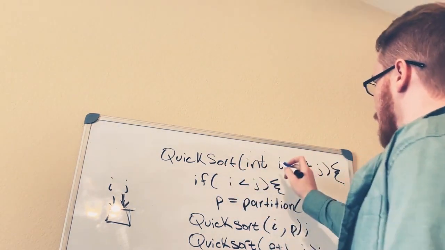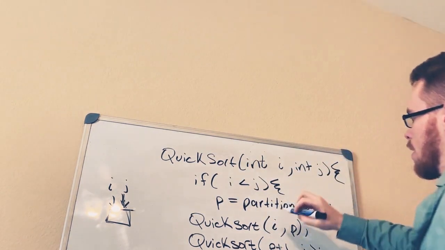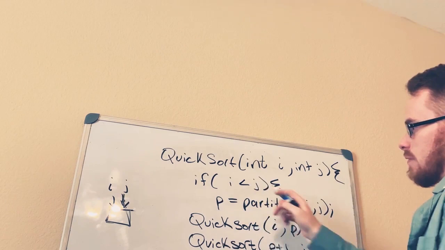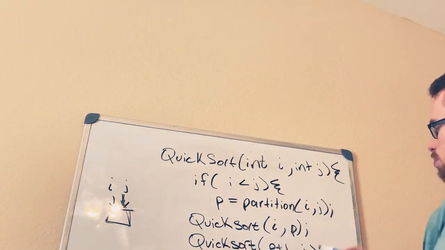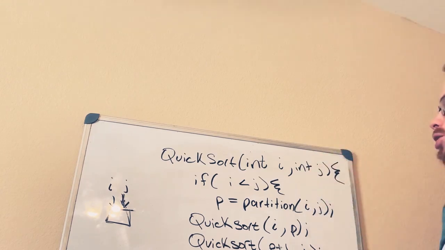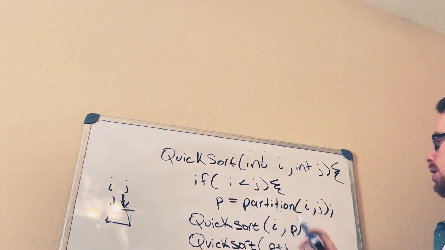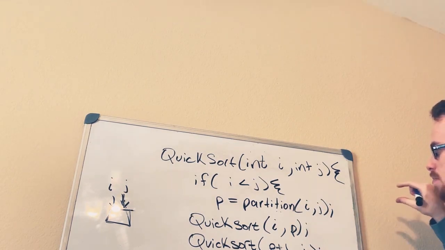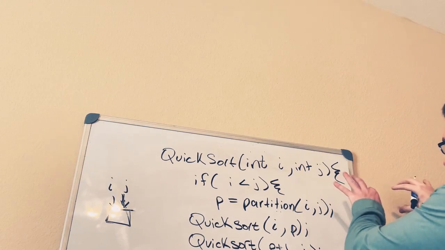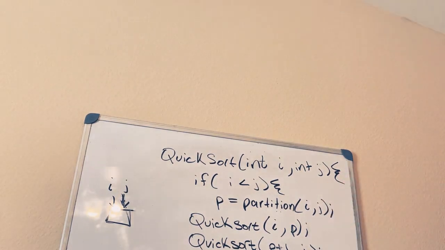So we pass in the low index and the high index, and as long as i is less than j, we call that partition method I just went over. We partition to get the pivot to where it should be, and then we partition the array into subarrays.